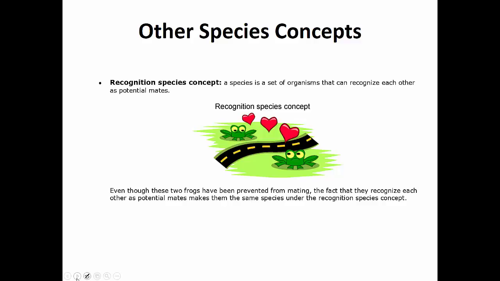So it's sort of like potential interbreeding, but it doesn't say they have to interbreed, it just says that they recognize each other. So even though these two frogs have been prevented from mating, the fact that they recognize each other as a potential mate makes them the same species under the recognition species concept. I don't know how you would test this.